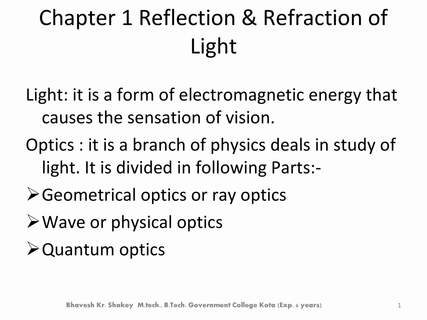The speed of these waves in air or vacuum is maximum, and that speed is 3 × 10⁸ meters per second. Now, of these two theories, the particle nature of light explains the reflection and refraction of light, and the wave nature of light explains the interference, diffraction and polarization of light.